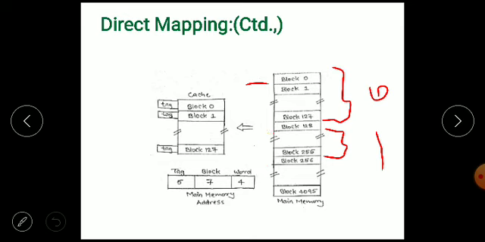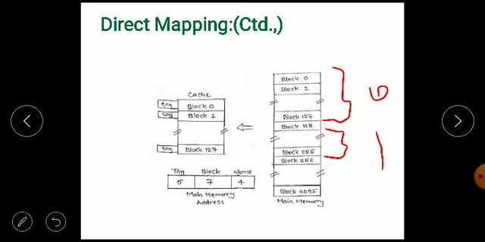So in this way, there is block 0, block 128, block 256. These are the first blocks from the three pages, and so on, right? So the first block should be stored in block 0.